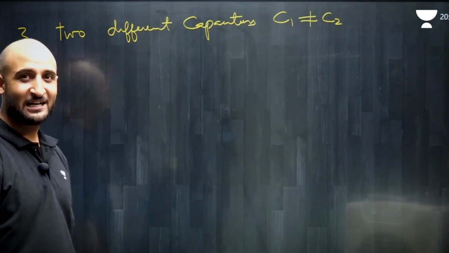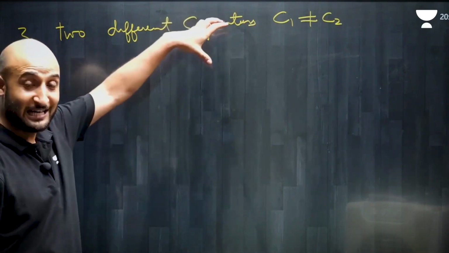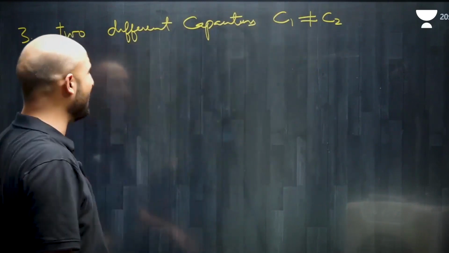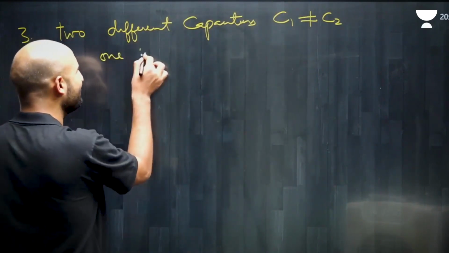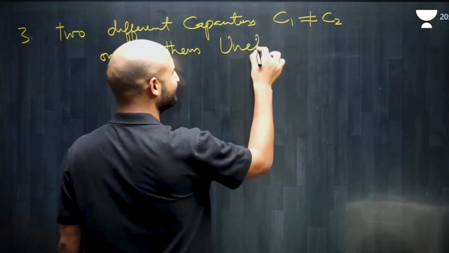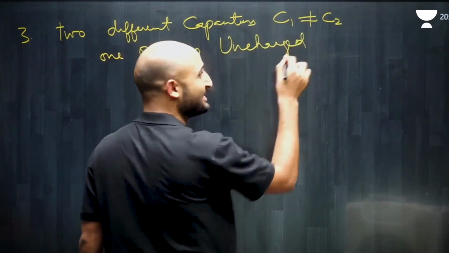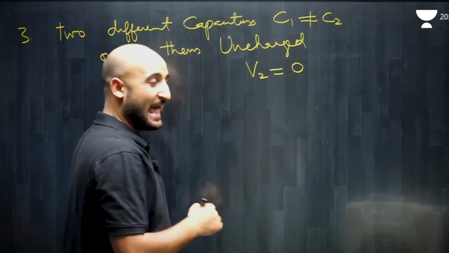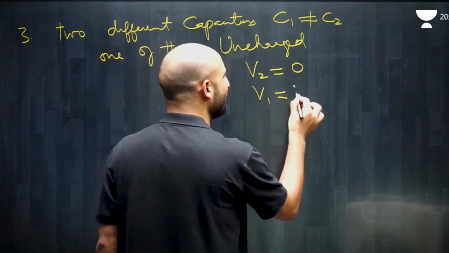Mind it, C1 is not equal to C2, but one of them is uncharged. Let me say that V2 is equal to 0, and let me say that V1 is equal to V naught.